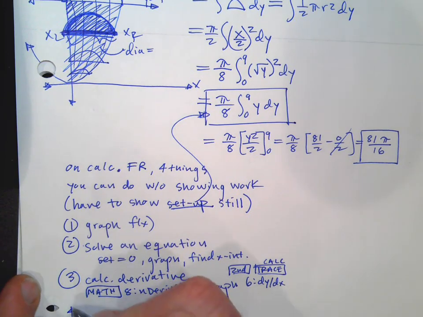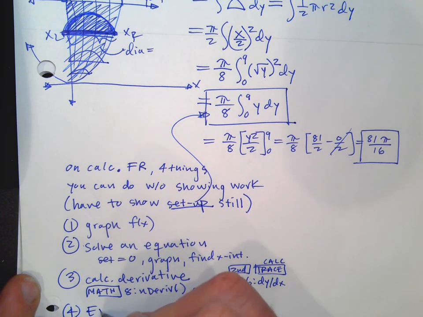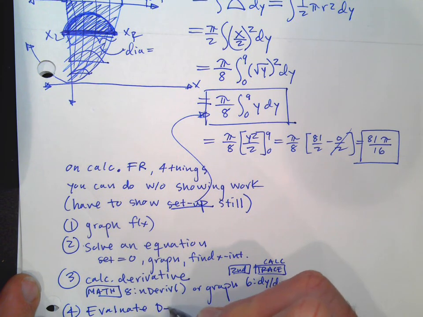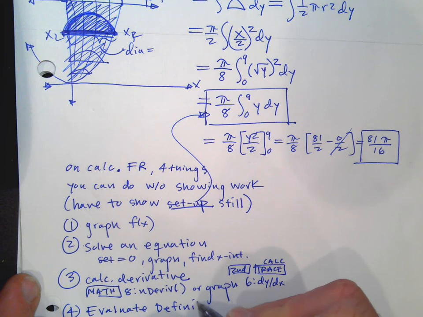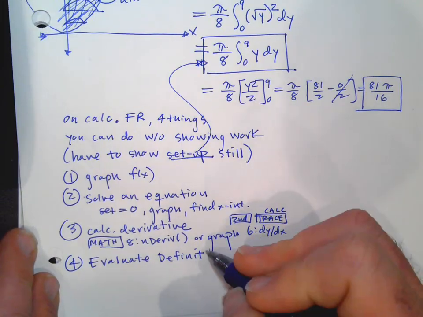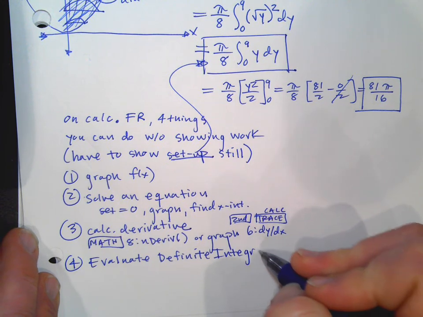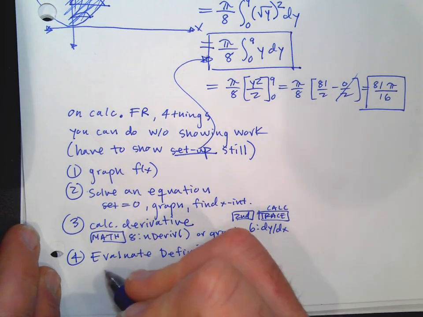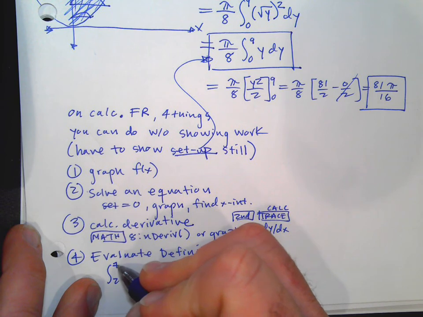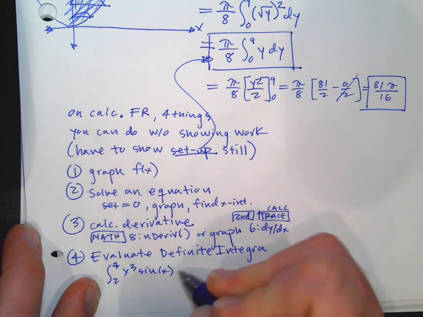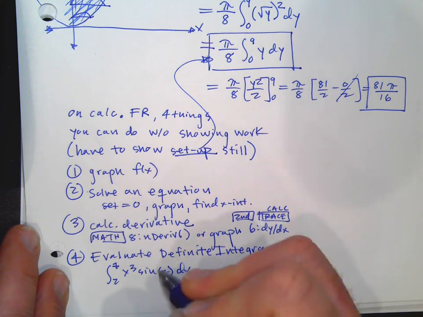And number 4, you need to be able to evaluate a definite integral. And that's what we've been doing a lot lately. So something like this, integral from 2 to 7 of x cubed sine x dx. Like that's your setup, right?